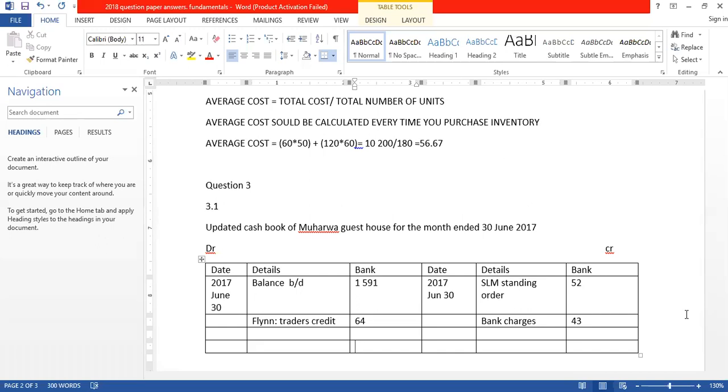How much are you guys getting? Anyone please with the calculator, because I don't know what's happening to mine. 1,655.